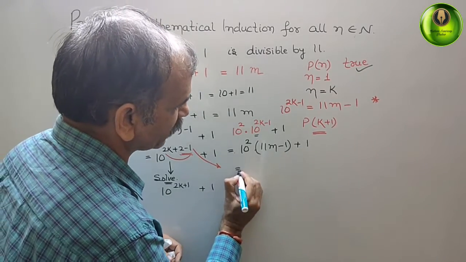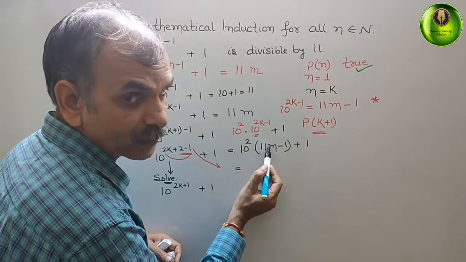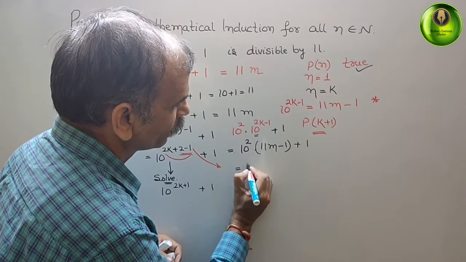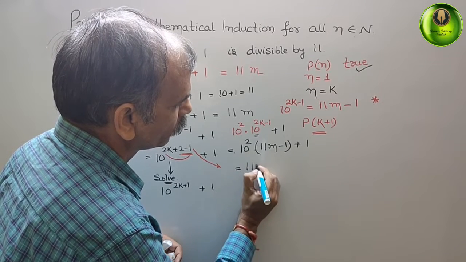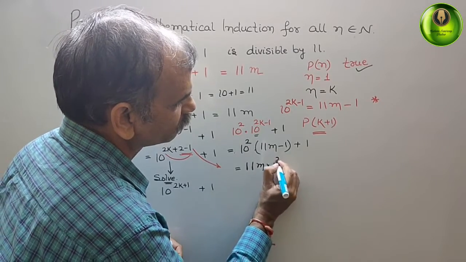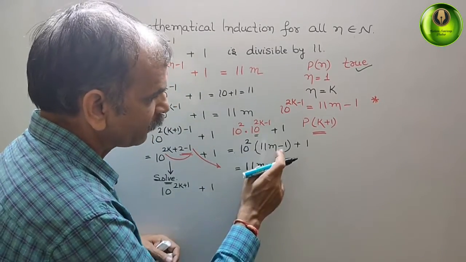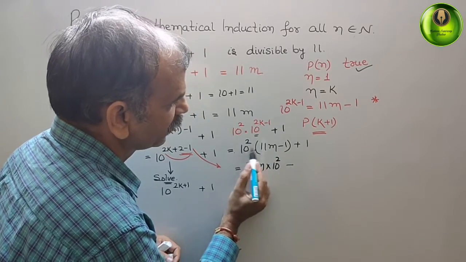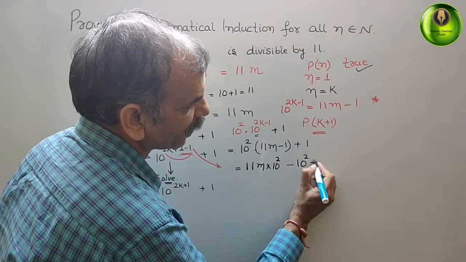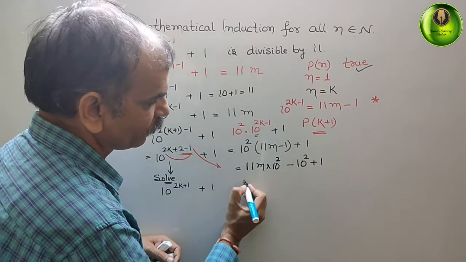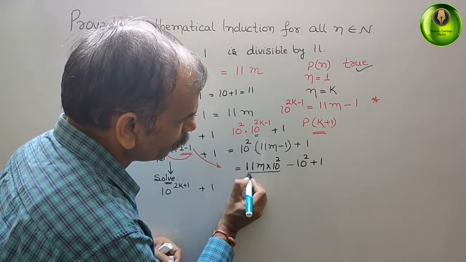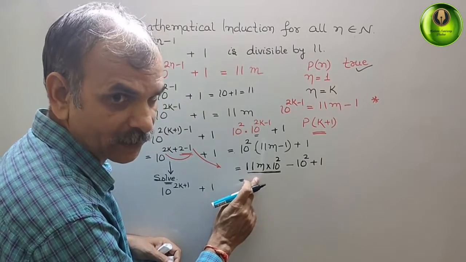Now multiply by this. You will get 11m into 10 square, and here minus 10 square plus 1. This is the multiple of 11, we can say that now.